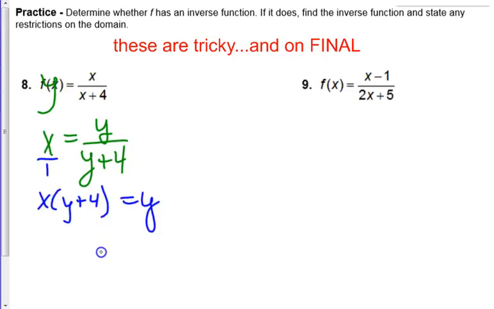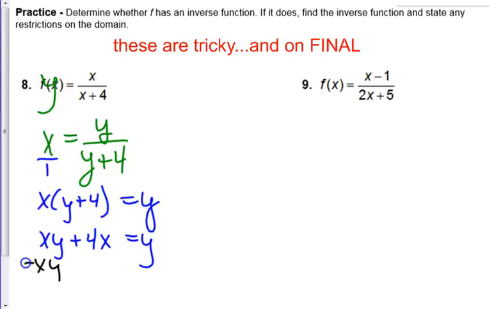You are going to want to distribute. Then what? If I'm trying to get y by itself, you want to isolate the y's on one side.